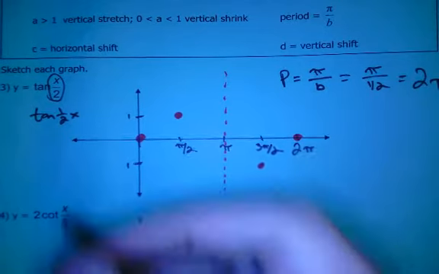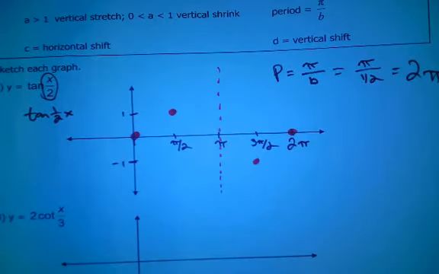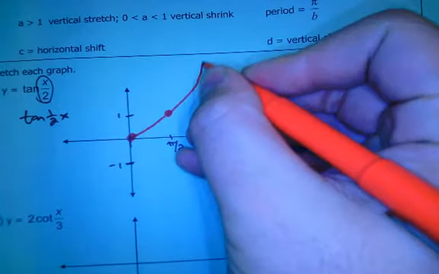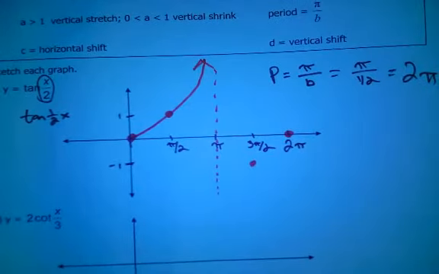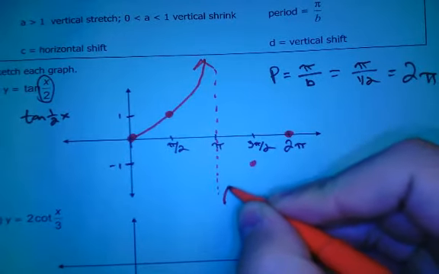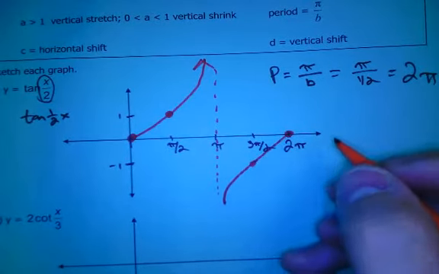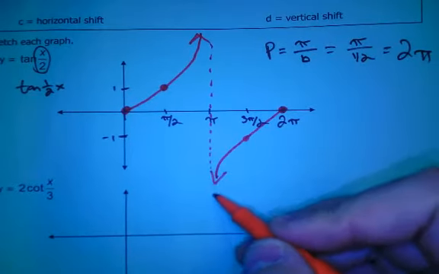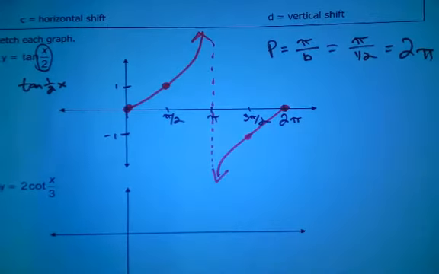I probably should mark that off as -1. So this is what 1 period looks like, and it goes up and up forever. And from this way, it's also increasing. So this is 1 period of tangent.